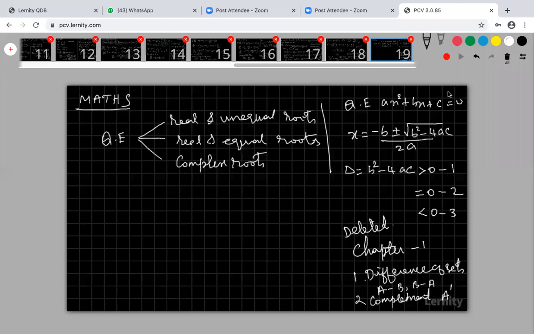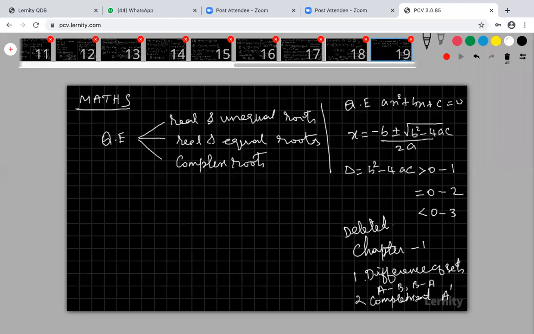Why are you omitting 1.4, 1.5? Look at that, Kovasni, 1.4, 1.5 is totally not deleted. Some sections, particularly the difference of two sets and the complement of a set, are deleted. The 1.4, 1.5 exercise is not totally deleted.